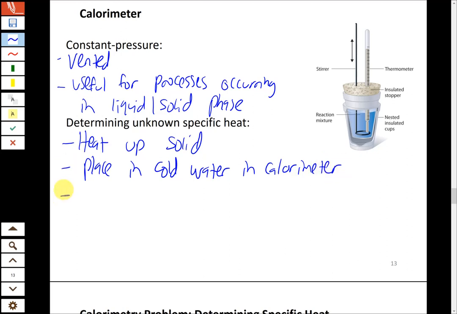So you're going to place that hot object you've heated up in cold water in a calorimeter. Remember, we talked about heat transfer: whenever you have two things at different temperatures, they're going to transfer heat between them. That's what's going to happen when you put a hot piece of metal inside cold water in a calorimeter. It's going to transfer heat to the water. So you're going to measure the initial temperature for both, which are going to be different from each other.